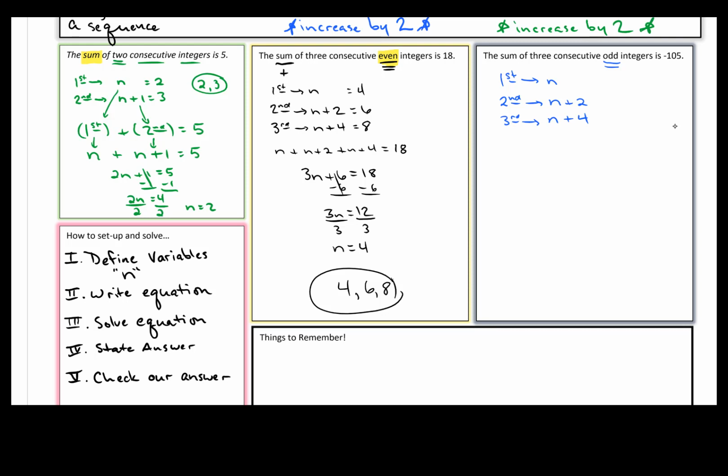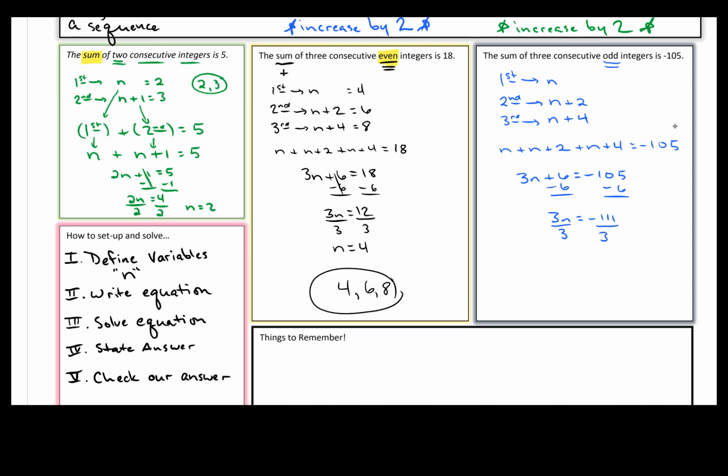So the sum of these, if we did n plus n plus 2 plus n plus 4, equals negative 105. Add all that together, 3n plus 6 is negative 105. Subtract 6. 3n is negative 111.